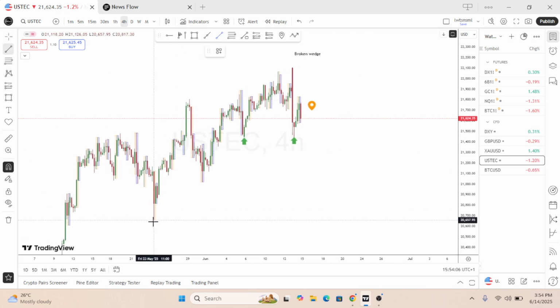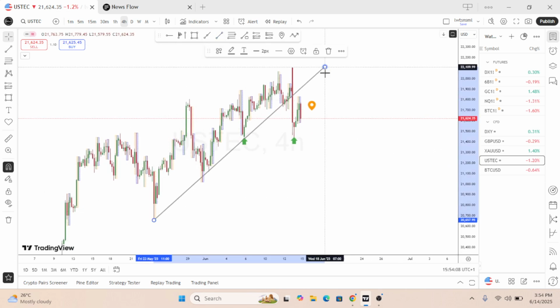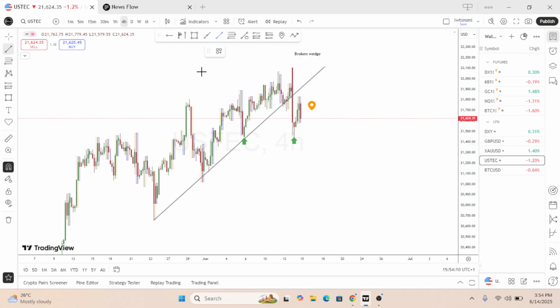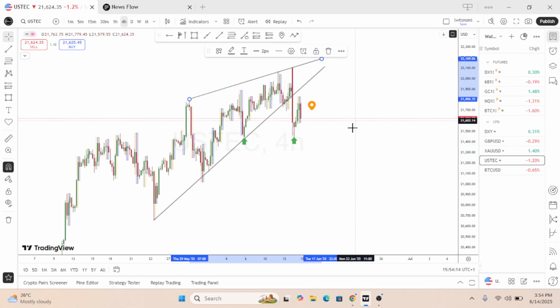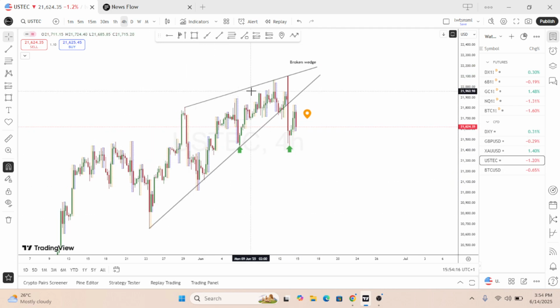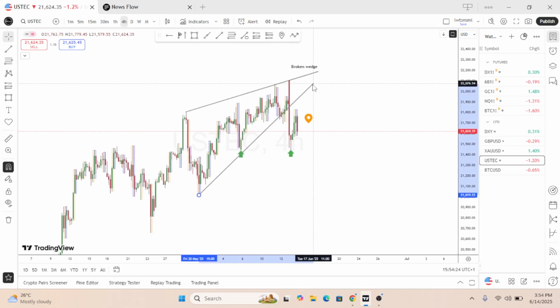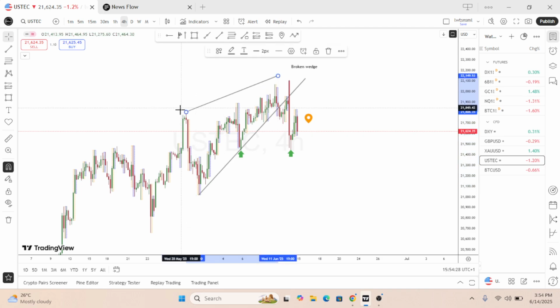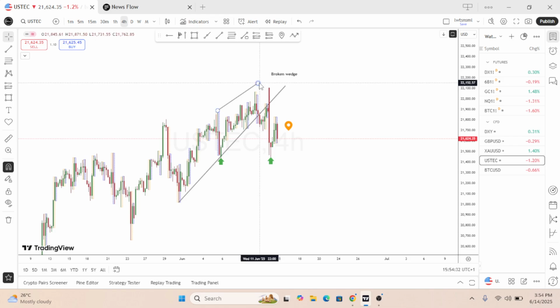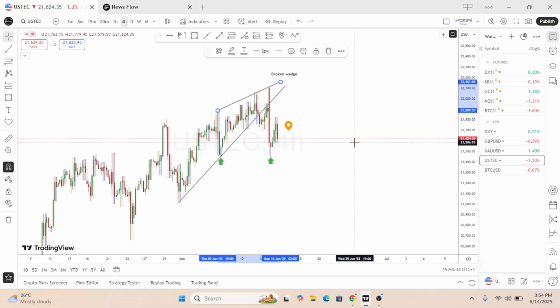wedge that was broken on Thursday. This seeming wedge that I've been tracking, a rising wedge. So we did have this rising wedge, and if I want to be more granular in the detail, I can redraw it as such, and redraw it like this.